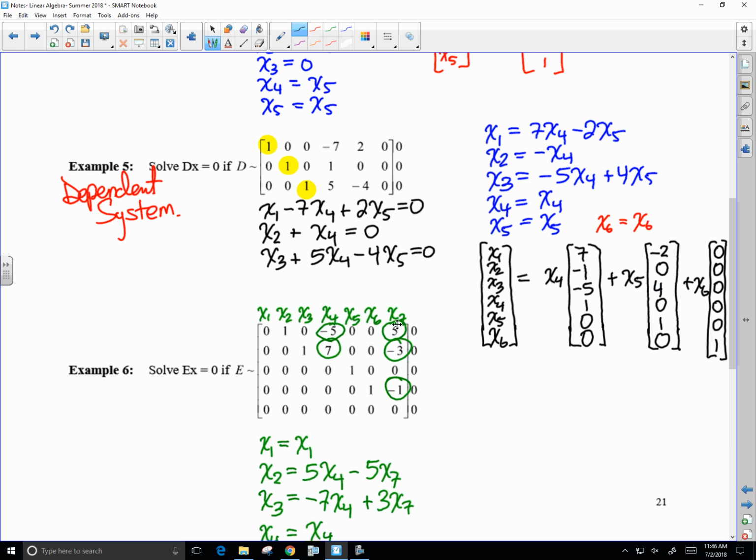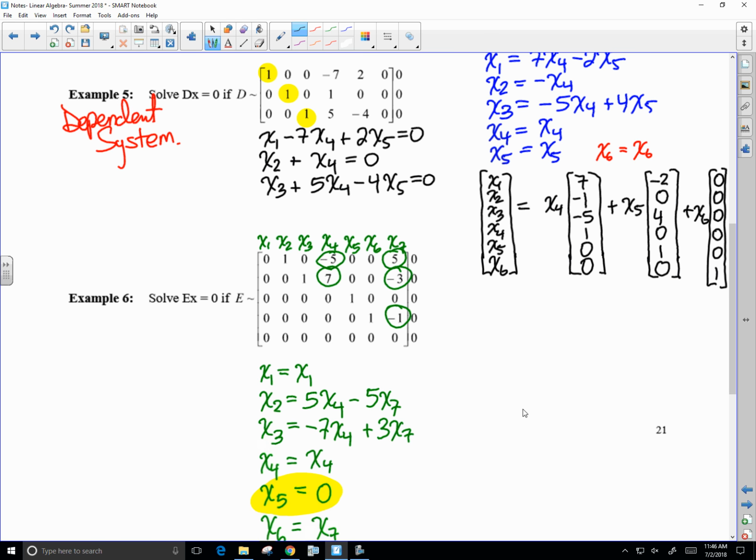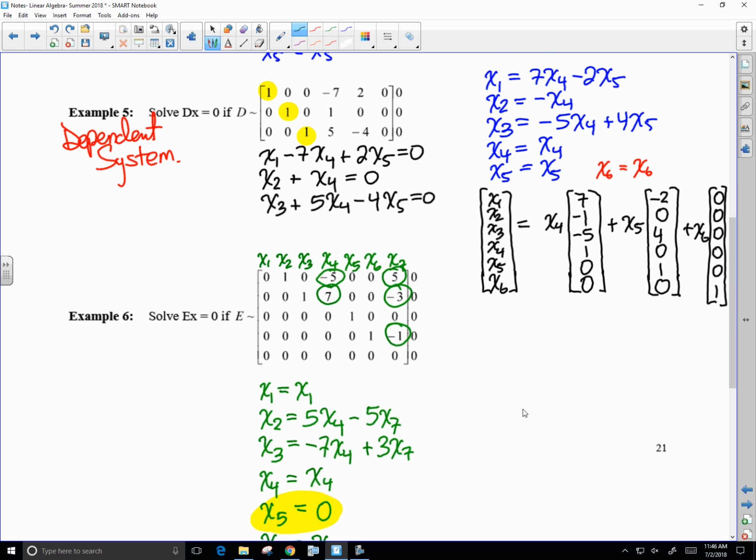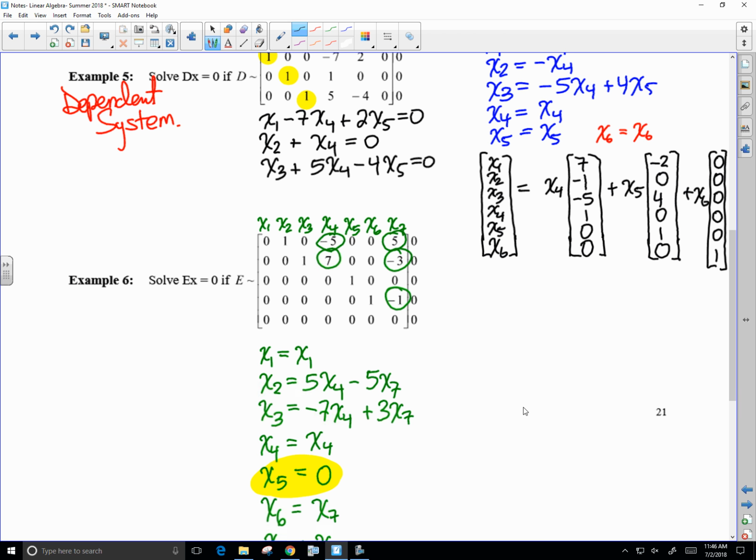What's the significance of including the 0 columns in parametric form? Is there any? The 0 columns? Like x1 in example 6. Why do you include that as a free variable? Oh, because it's not represented with a pivot value. So because it doesn't have an actual numerical value or a dependent expression related to it, it must be free.